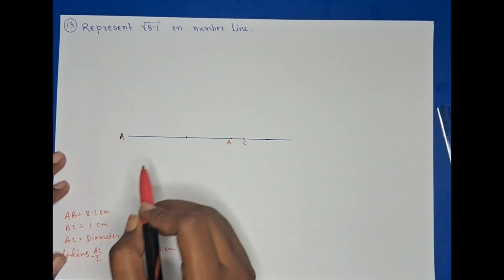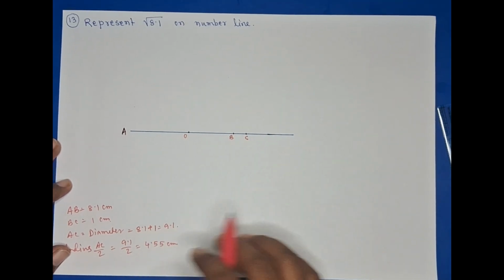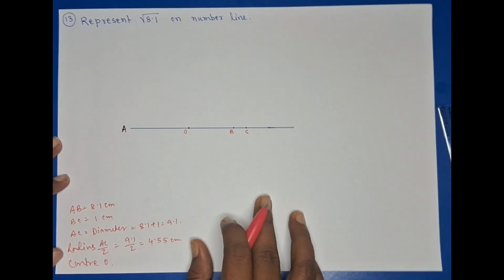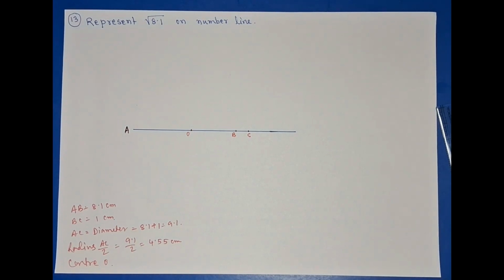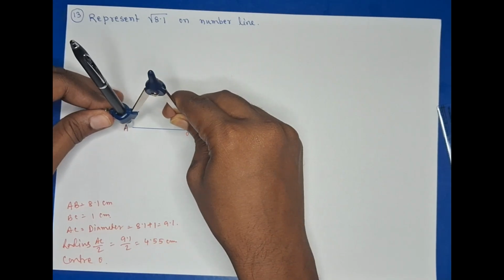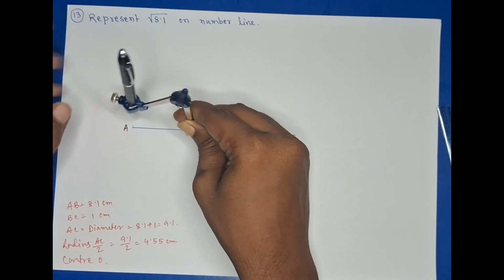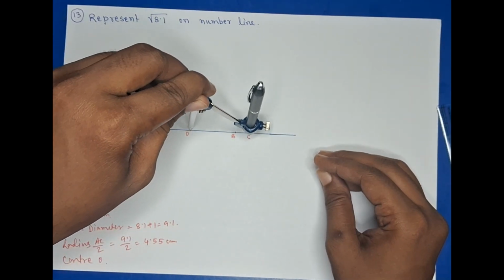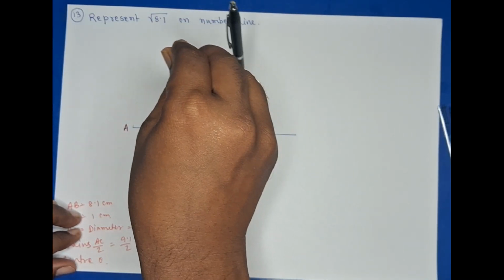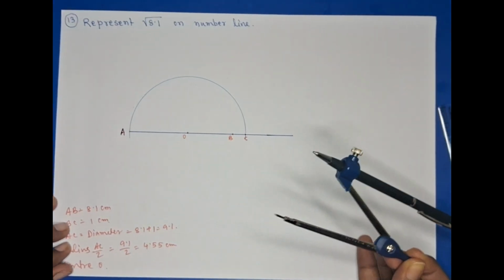So this is the center point, center O. Okay, center O. Taking this center O, we are going to draw a semicircle. Chalo, we have drawn the semicircle.